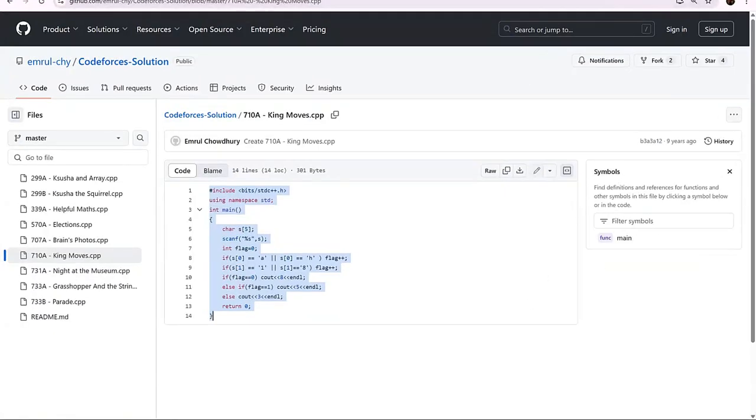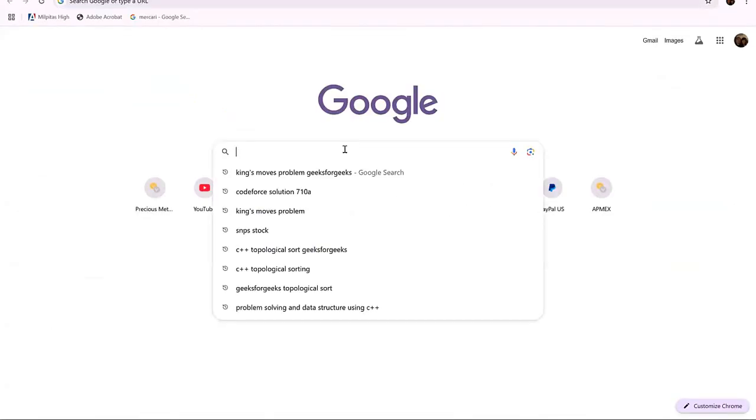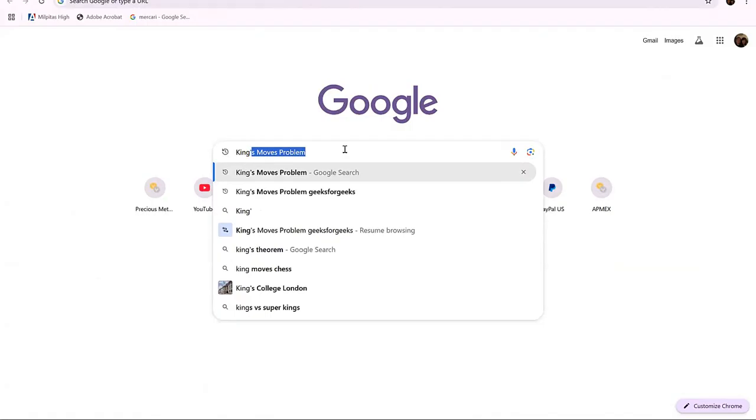Let's check a different one. Let's actually do this multi-step problem solution.